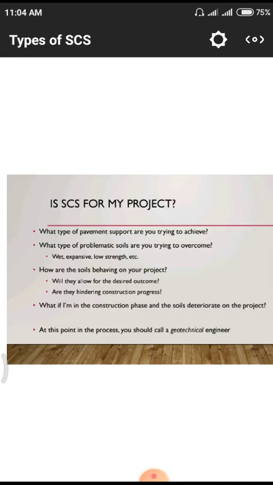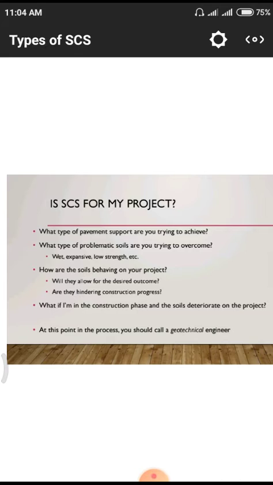First of all, whenever we are choosing soil cement stabilization, we need to ask some questions. If all the questions have good answers with this cement, then only we should prefer these stabilizations. If there is no proper match between our questions and answers, then we need to skip it and go for another stabilization method.